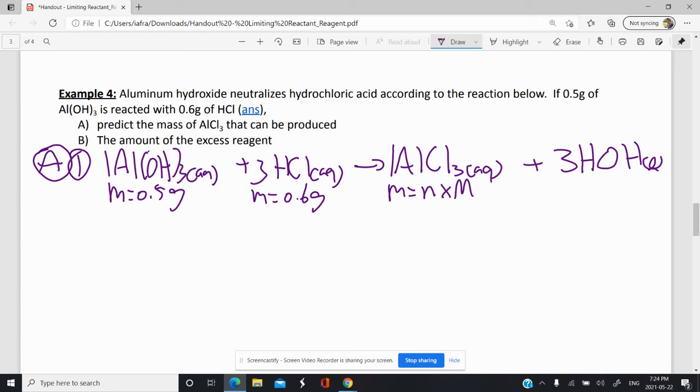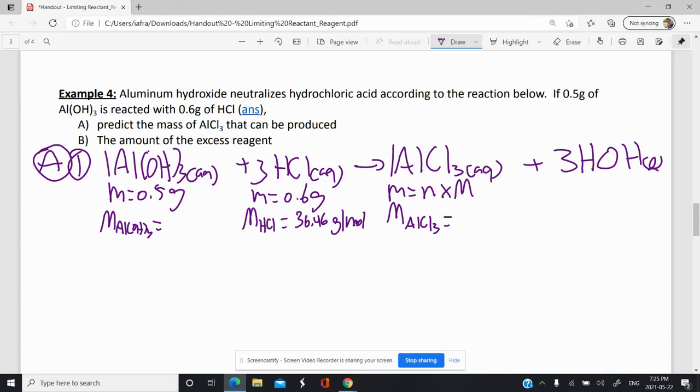And to do that, we have to compare them on a mole level. So since we're going to be using moles and masses, we may as well find the molar masses for the various components here. Let's do that with our periodic table. So for hydrochloric acid, we get 36.46 grams per mole.